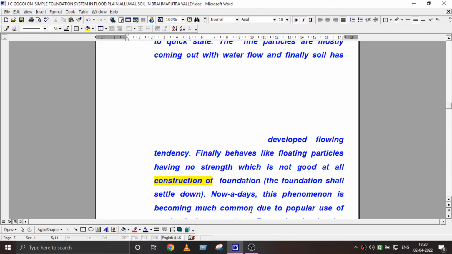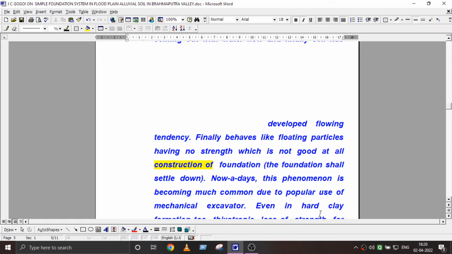Nowadays, this phenomenon is becoming much more common due to popular use of mechanical excavators, because there is a difference between mechanical excavation and manual excavation. In earlier days, it was manually excavated.